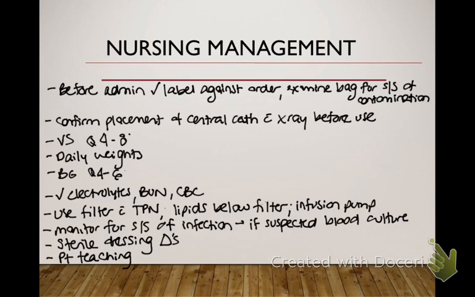We do not want these. Is this the filter? It doesn't really look like this. I think this is what they mean by filter. It's a little bit rounder, thicker. But you would hang your lipids below the filter and your TPN above the filter.